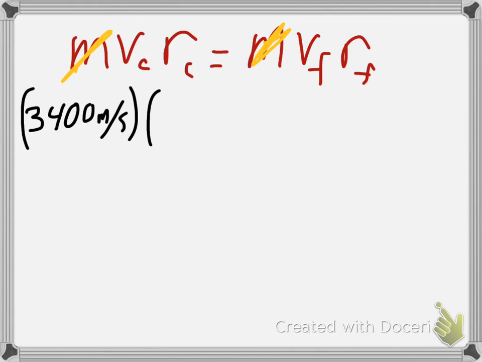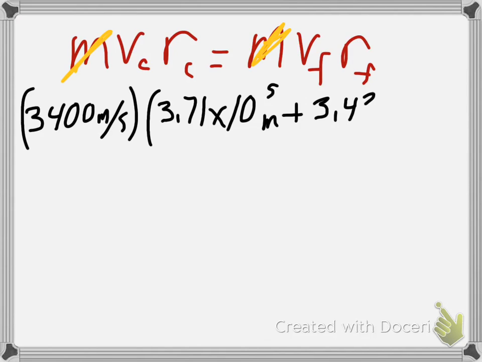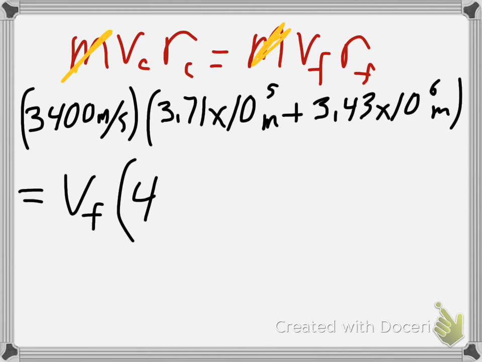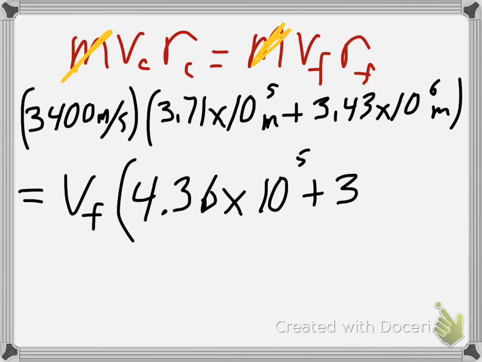And our radius will be the distance that we're given, the 3.71 times 10 to the 5th meters, and we've got to add in the radius of the planet, the 3.43 times 10 to the 6 meters. And that's going to equal our final velocity times the furthest distance plus, again, the radius of the planet.